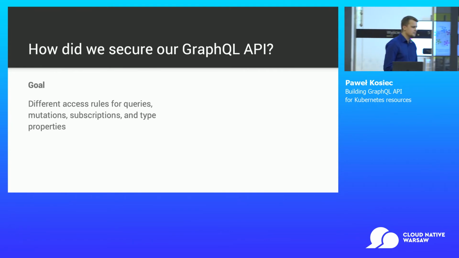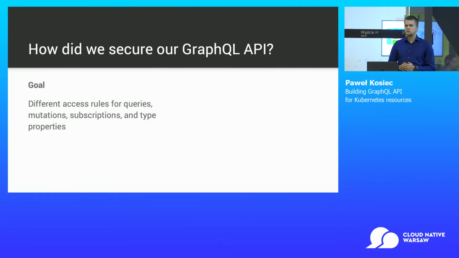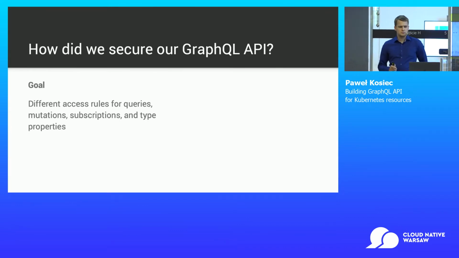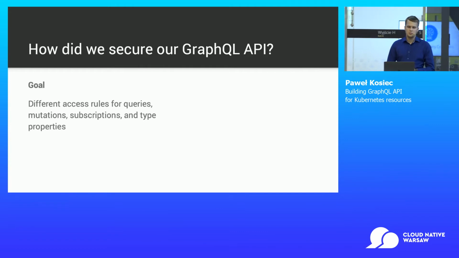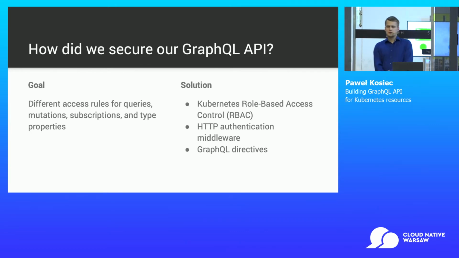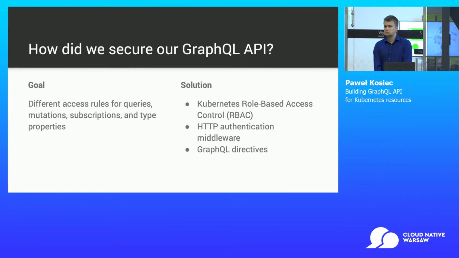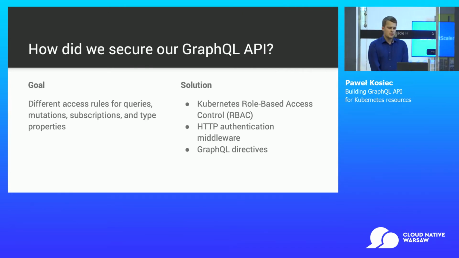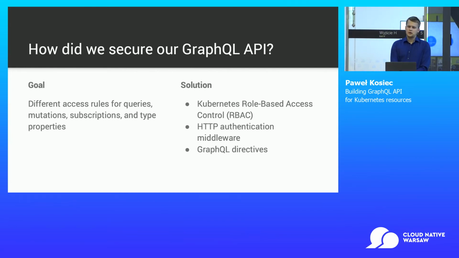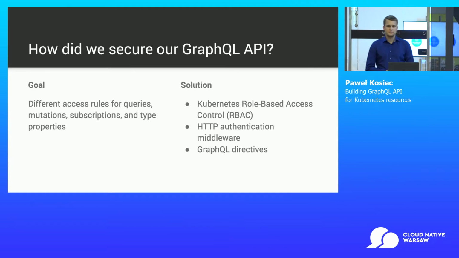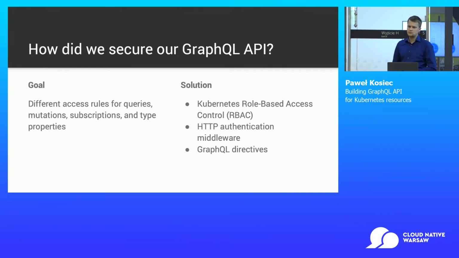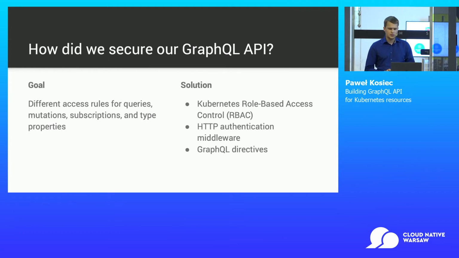For example, we had a pods query, and we wanted to limit it per operation. Our solution was to use Kubernetes role-based access control, and we implemented an HTTP authentication middleware before the GraphQL server itself, and also used GraphQL directives, which I cover later.